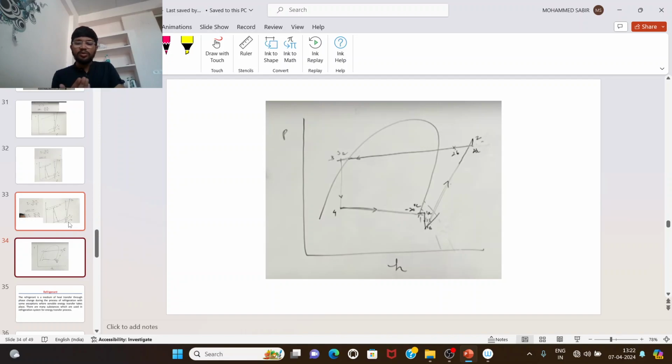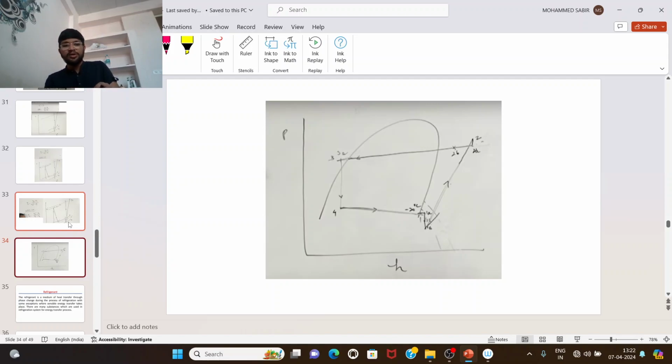What basically happens, the pressure is high compared to state 1, and then there is a pressure loss. We have two reasons basically.